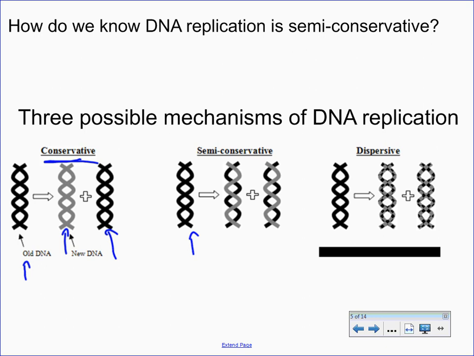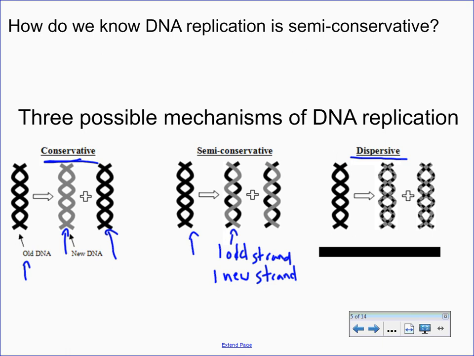In the process of semi-conservative replication, as the DNA is being synthesized, the DNA molecule would contain one old strand of DNA and one new strand of DNA. So it would be a mix of the two strands.